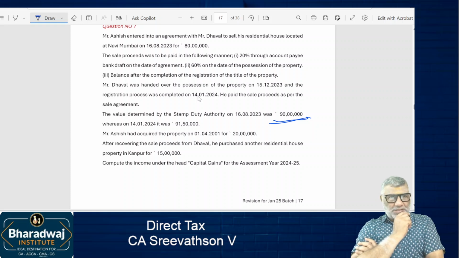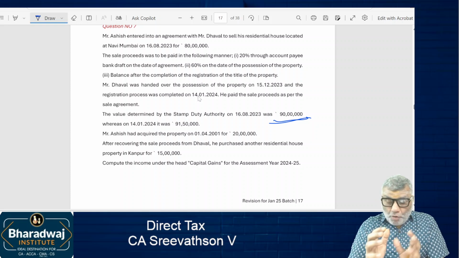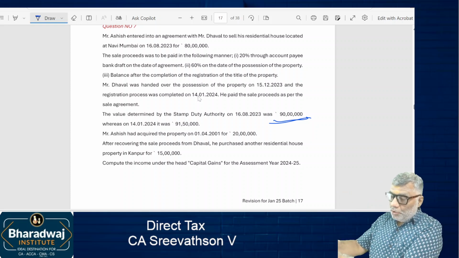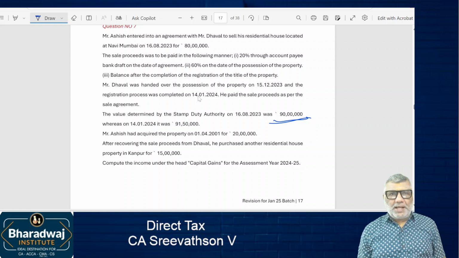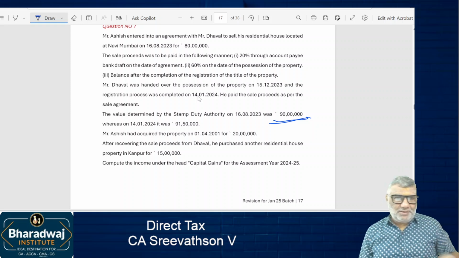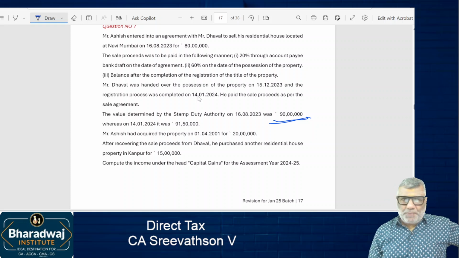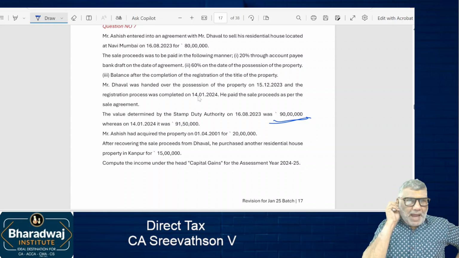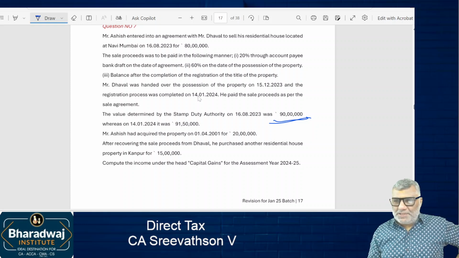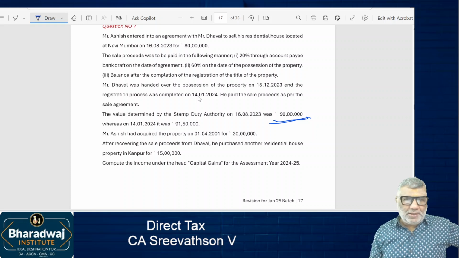For interest, you can deduct the collection charges, not for dividend. For dividend, only one expenditure. For interest, both can be, and there is no cap for interest. Whereas here, for loan, you have that. For dividend, you have that cap.